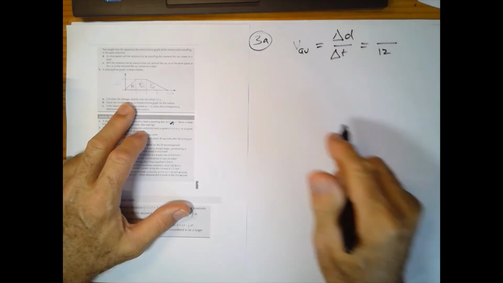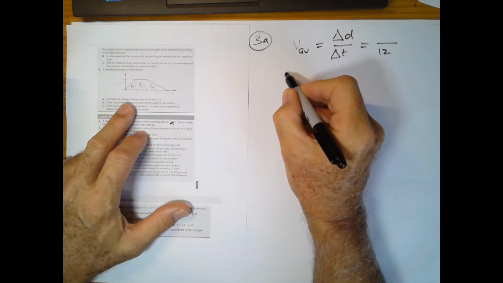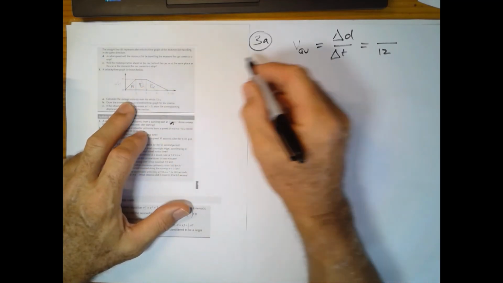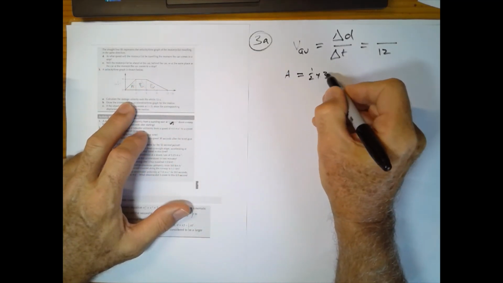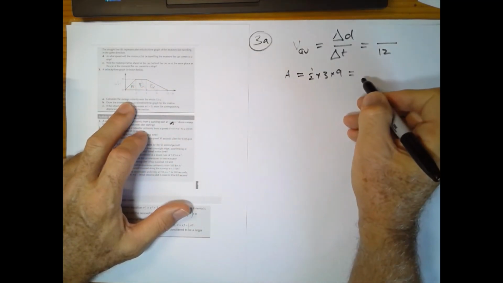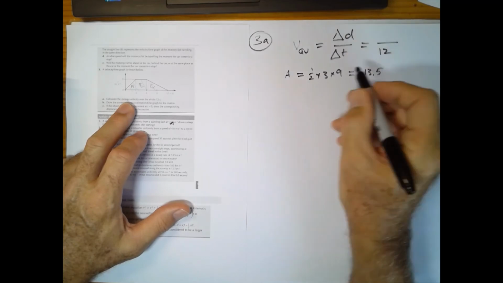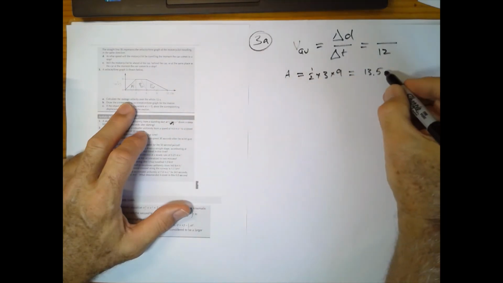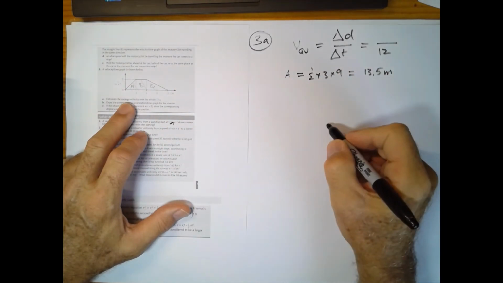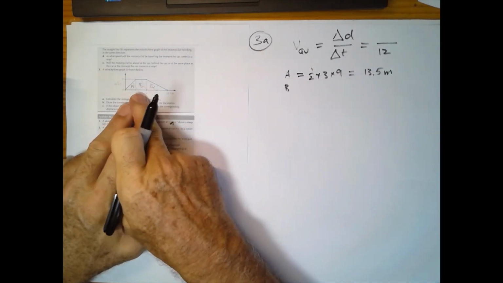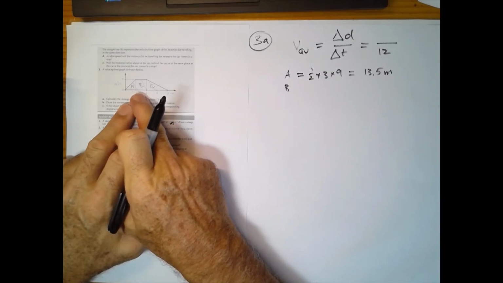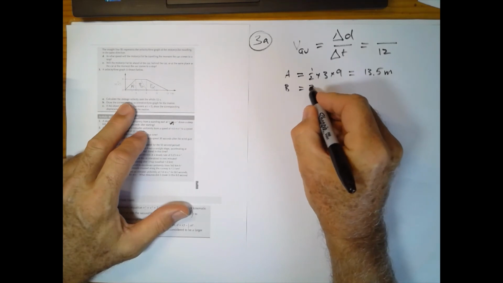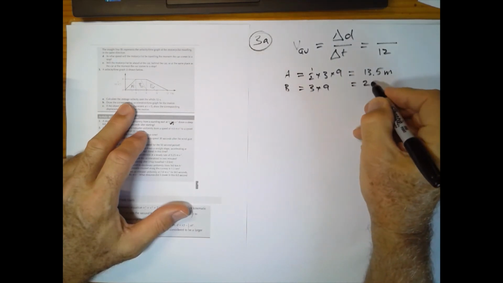So let's look at the areas there. The area of A is equal to half base times height, half times 3 times 9 is equal to 13.5. Area under a velocity time graph is displacement in meters. Area of the second area, the square, base times height, 3 times 9 equals 27 meters.